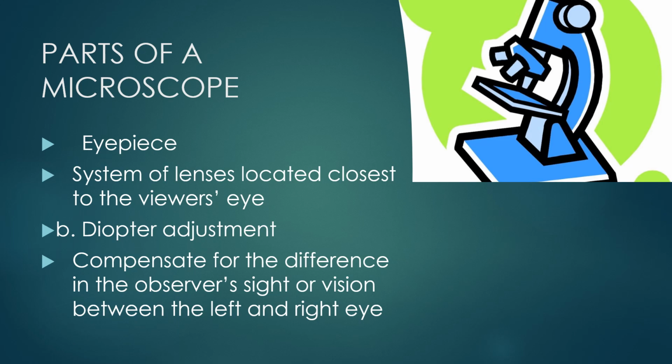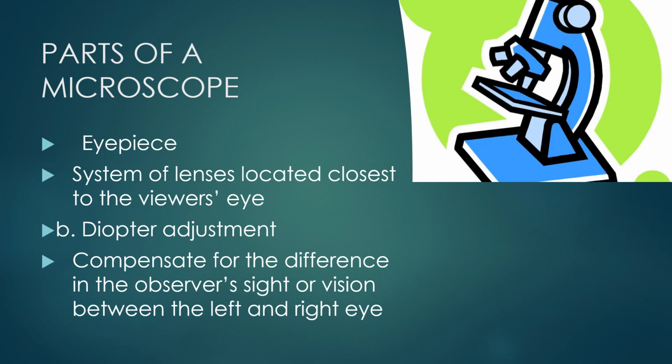It is a secondary lens that will further magnify the image that is captured by your objective lenses. It is a system of lenses located closest to the viewer's eye.